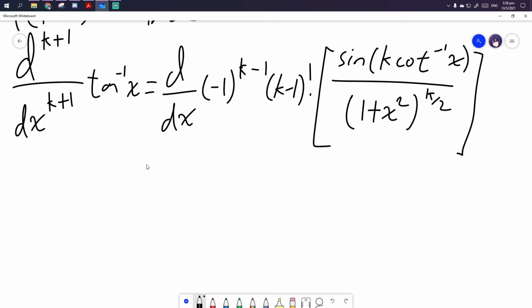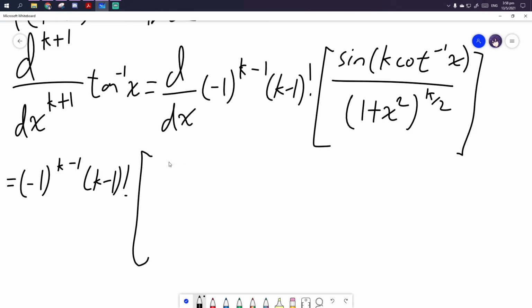So this would be equal to, let me just write down the constant again. Okay, and then we will do our quotient rule. This is going to be a very big thing, but this is going to be (1 plus x squared) to the k over 2.